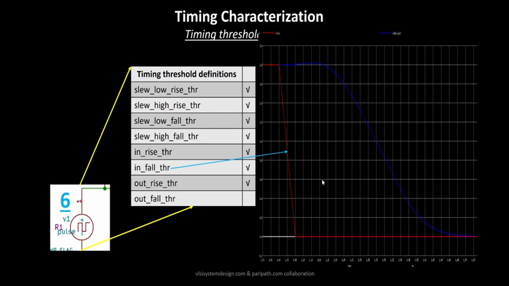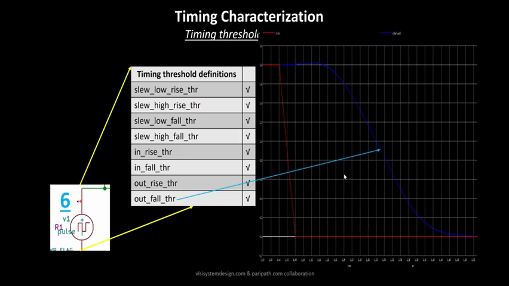The typical value is 50%, and the out fall threshold will also be 50%. A buffer has two kinds of delay. Any single input gate has two kinds of delay. One is the rise delay and one is the fall delay. In order to calculate the fall delay, you just need to take the 50% value from this point, take the 50% value from this point, take the time points from these, and take a difference of it.